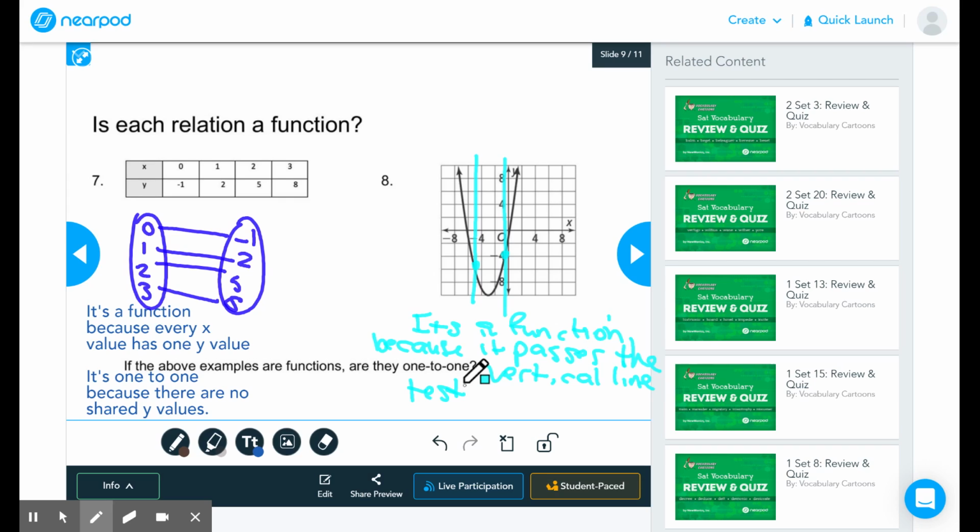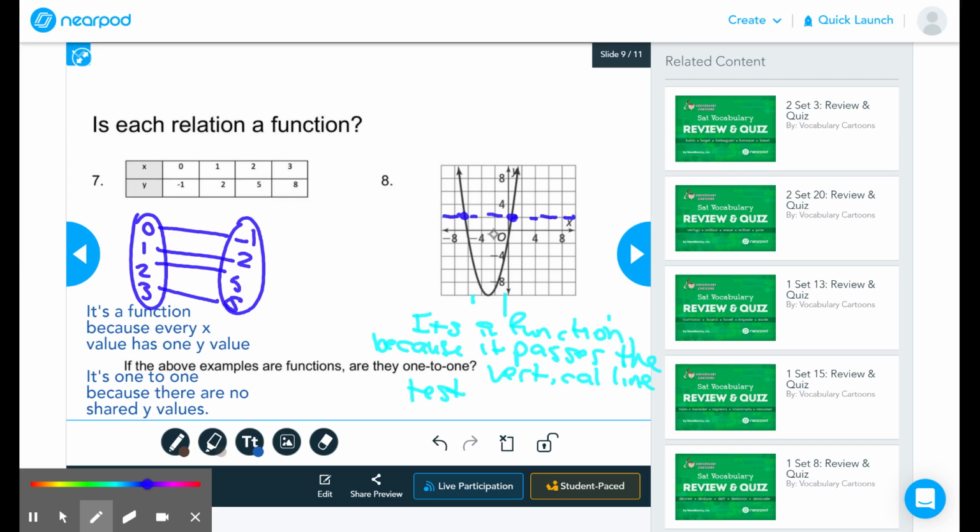Now, it is not 1-to-1. The reason why it's not 1-to-1, if you pick out an ordered pair, if you pick out one right here, and then you pick out one right here, they share the same y value.